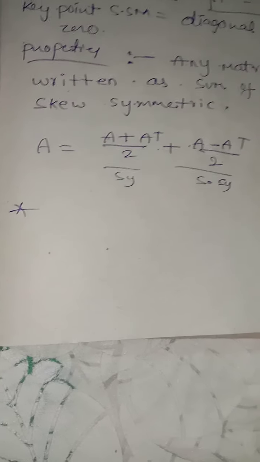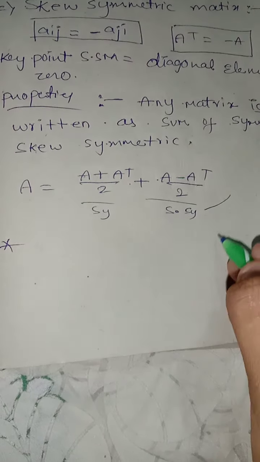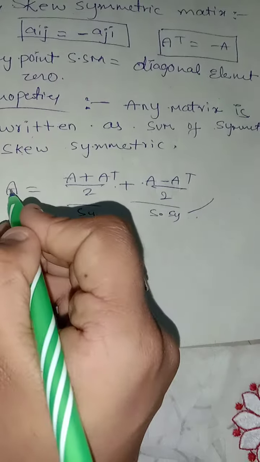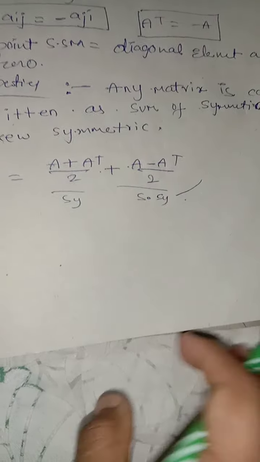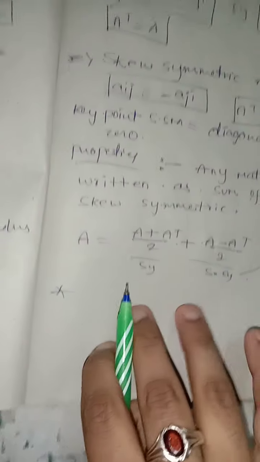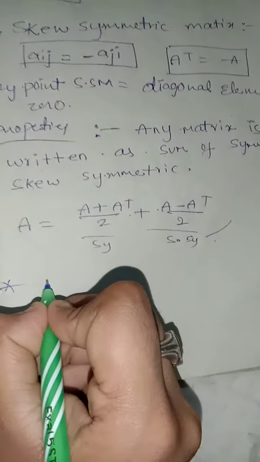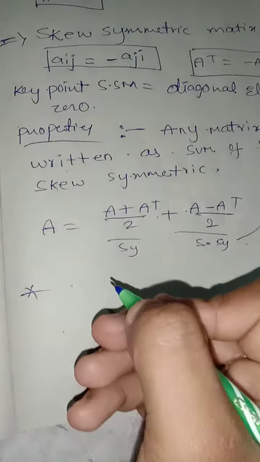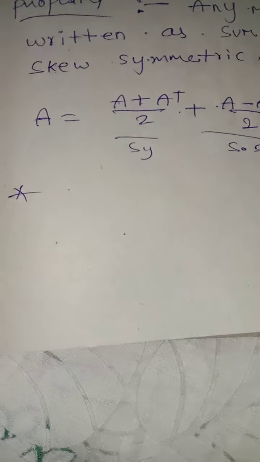The two properties which I am going to say now are also very important. Most questions are asked based on these three properties. Now, just concentrate. If A is a symmetric matrix, then A power n is also a symmetric matrix for all n belonging to W. What is W?